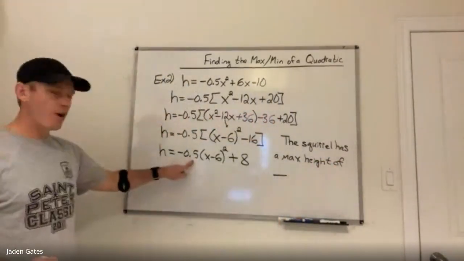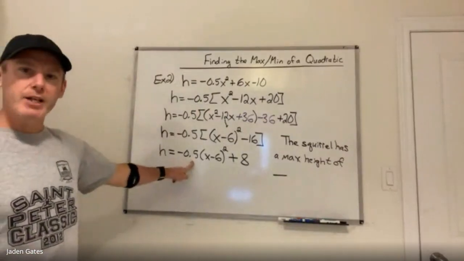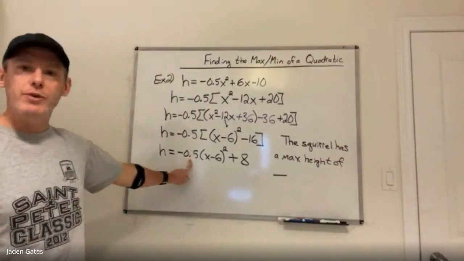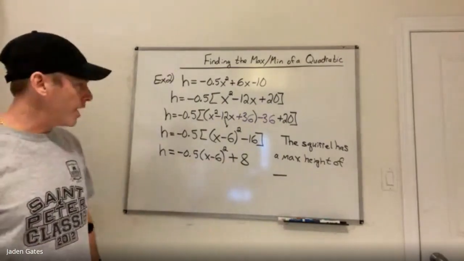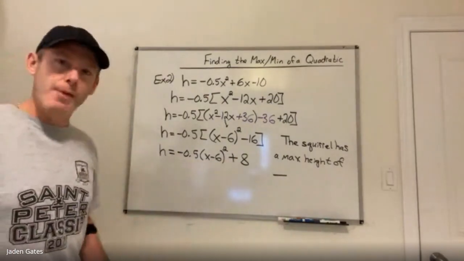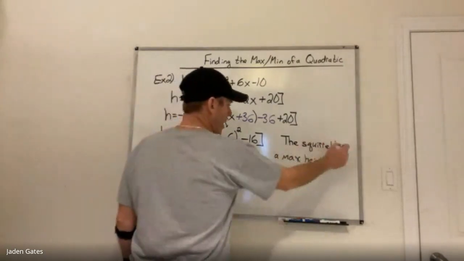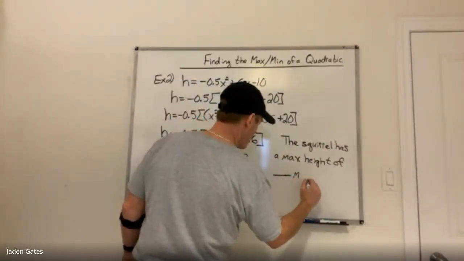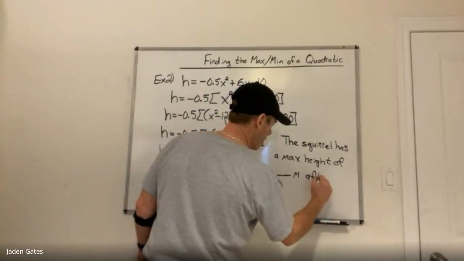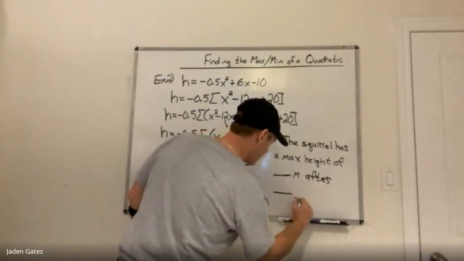Yeah, it is. Look at our a value. They were right when they asked for max height because the a value is negative, which means our parabola opens down, means the vertex is at the top. Okay, so they already told us that, but the squirrel has a max height of a certain amount, blank meters after blank seconds.